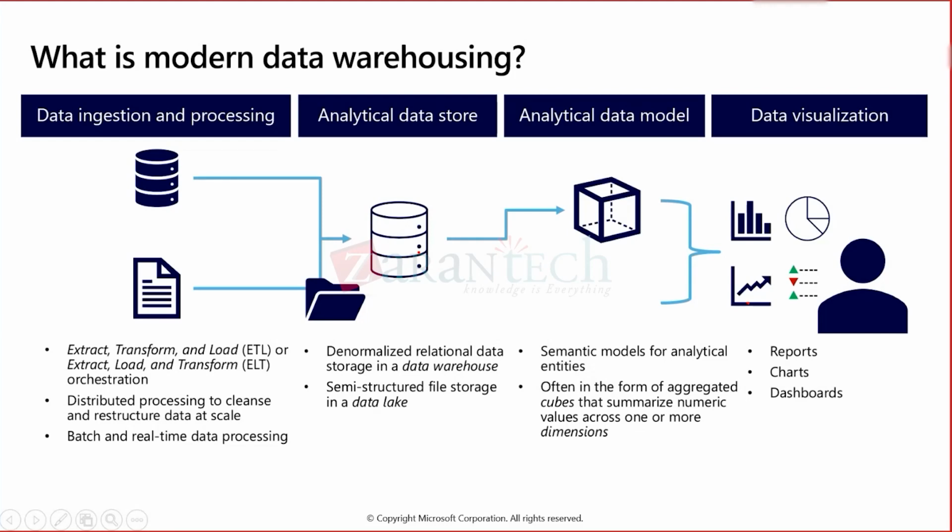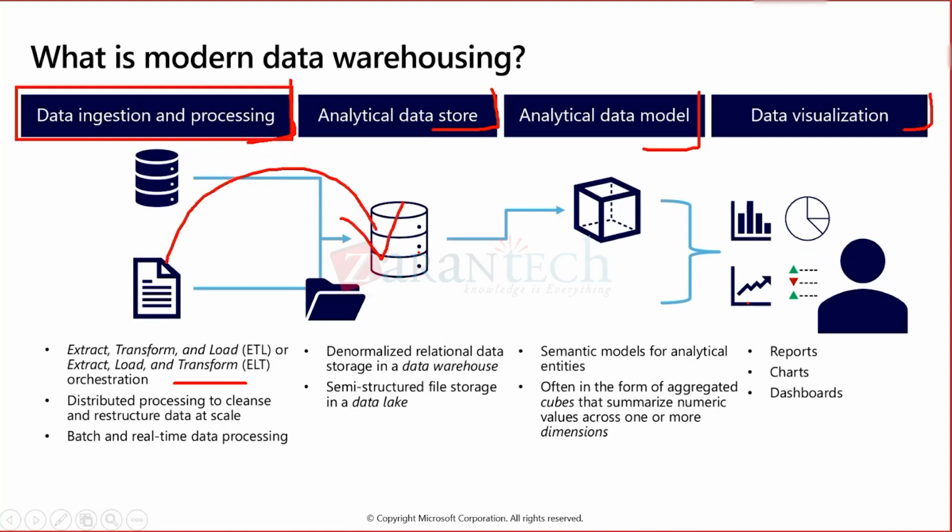In general, a modern data warehouse has these 4 components. Component number 1 is data ingestion and processing. Data from one or more transactional data stores, files, real-time streams, or any other sources will be loaded into a data lake, or you can load it into a relational data warehouse.